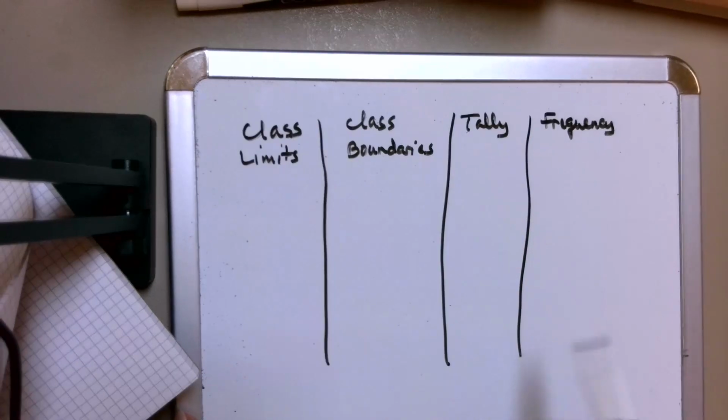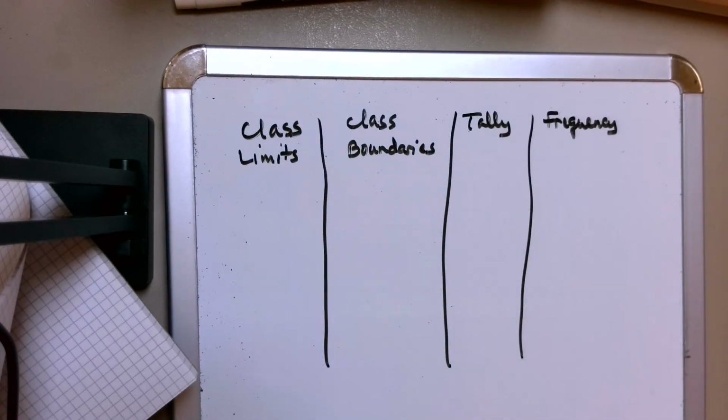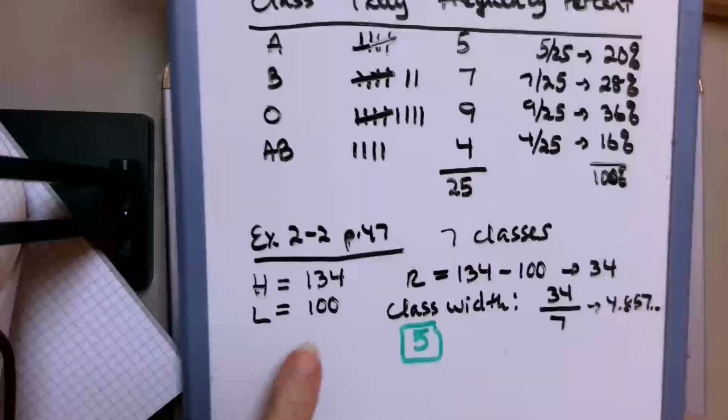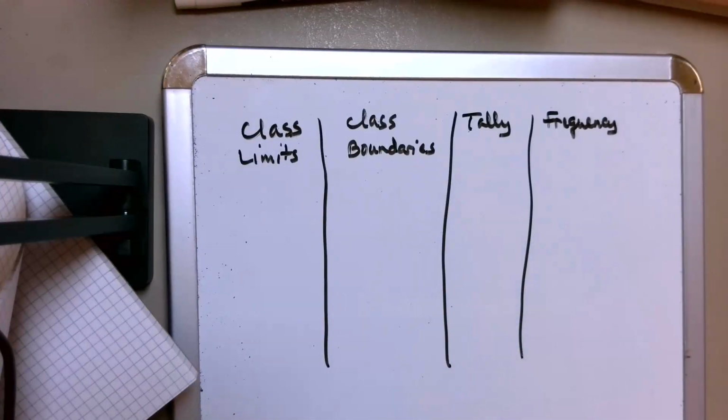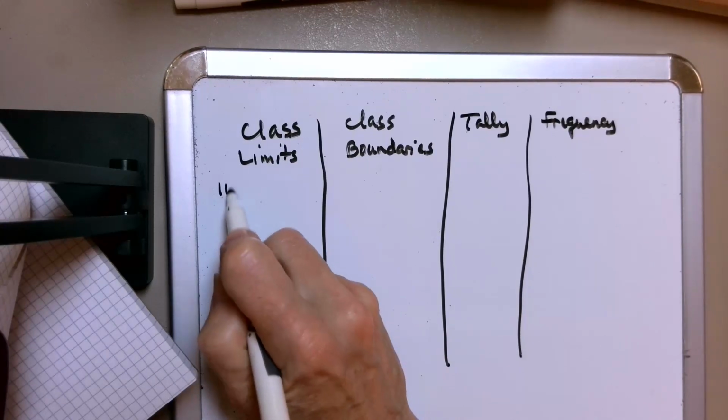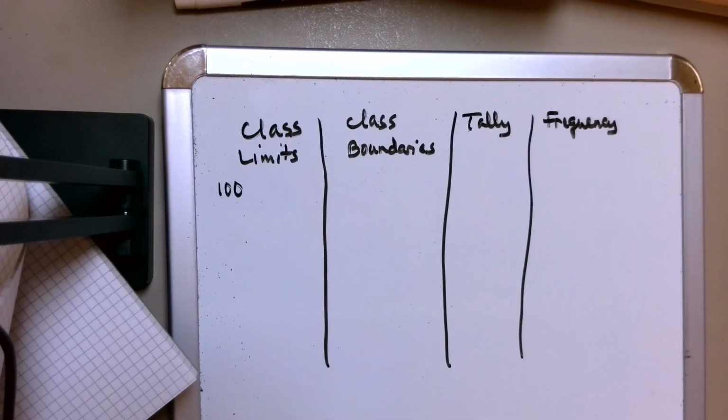Okay, so again, going through this example 2.2 from page 47. The lowest data value was 100, if you recall from the previous example. So we're going to start the first class at the lowest data value, which is 100. And we want 7 classes.